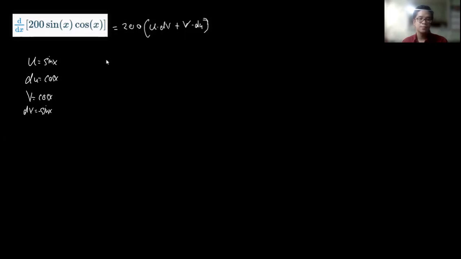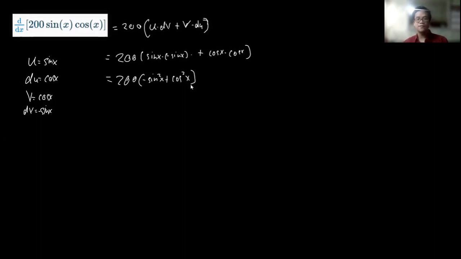So you have 200 times u, which is sine x, times dv, which is negative sine x, plus v, which is cosine x, times du, which is cosine x. So I have 200 times negative sine squared x plus cosine squared x. And this could be my final answer.